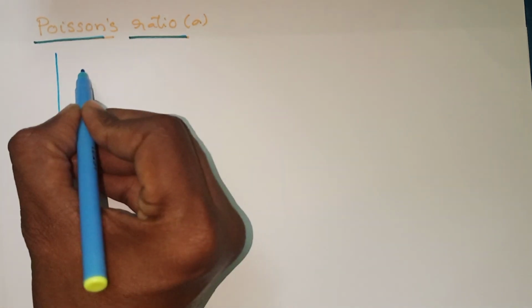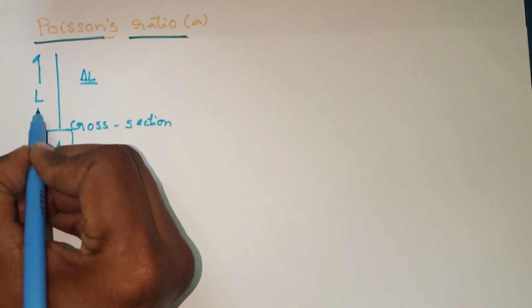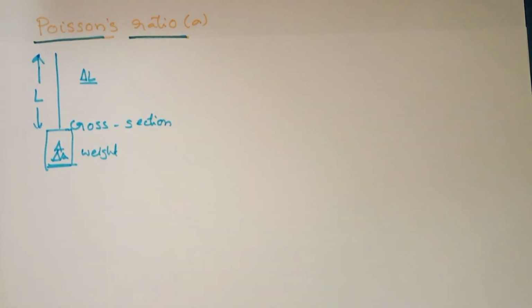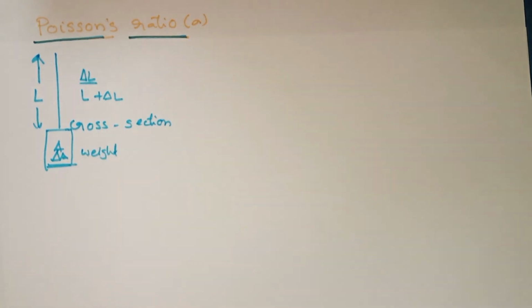You observe that delta L is there. If the original length is L, delta L is the extended length. So the total length is L plus delta L.